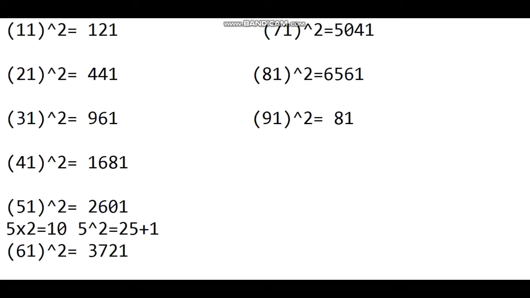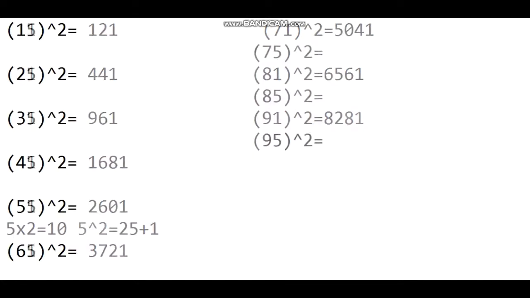Why am I adding 1 to 25? Because that 1 is carried from the 10. There is a 0 that is for the 10, and now I am carrying its 1 to 25, and it becomes 26. So it simply means 2601.